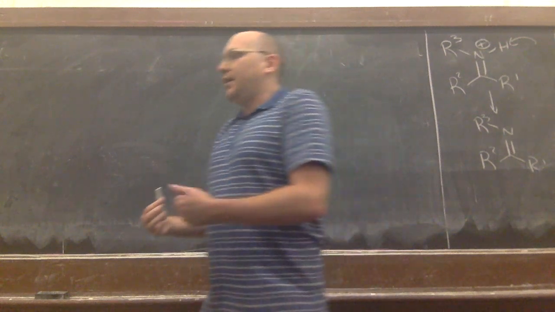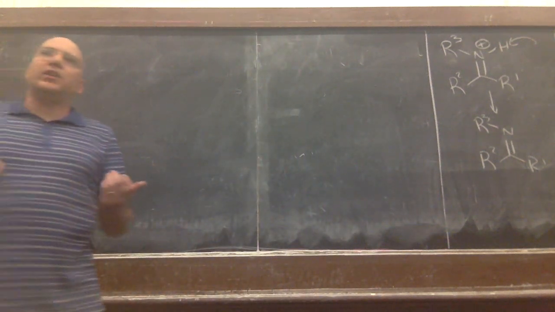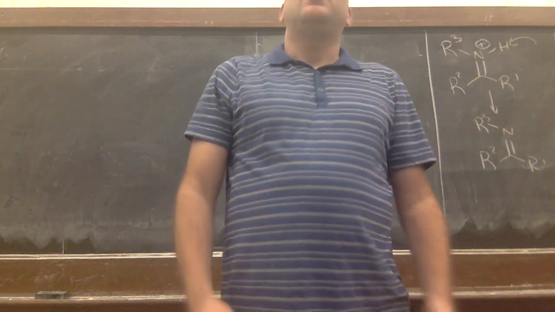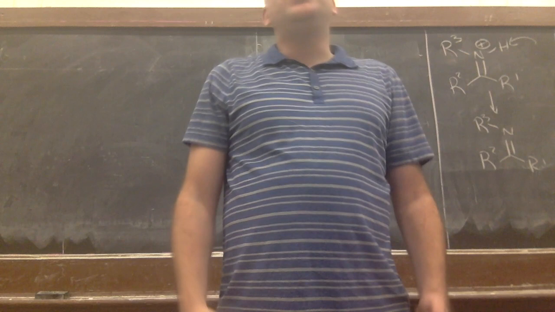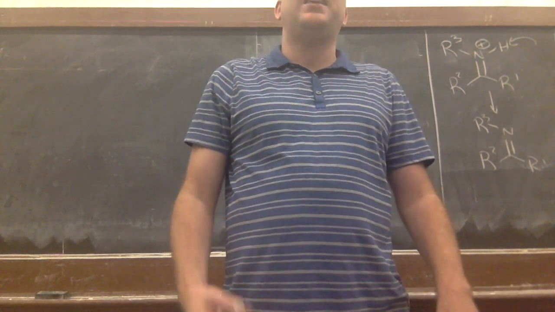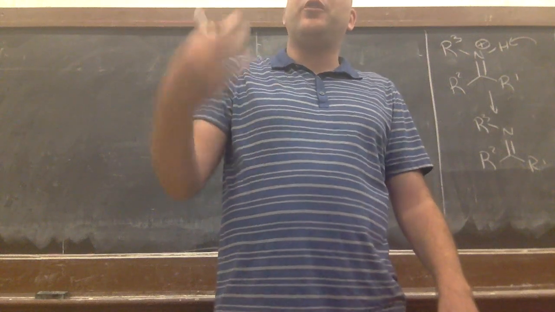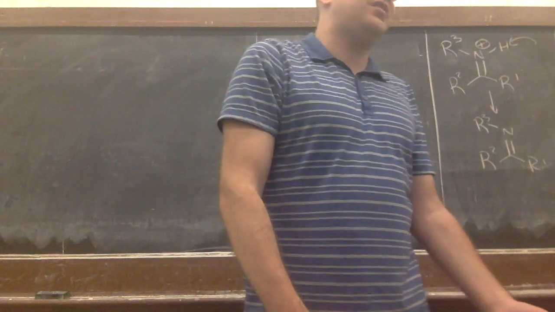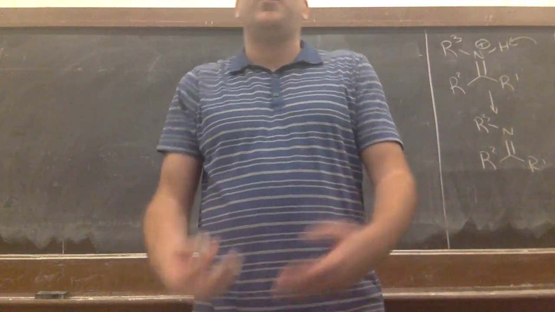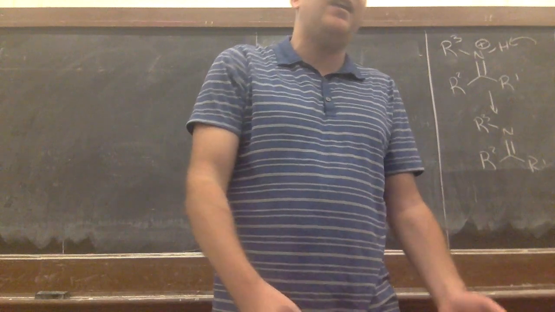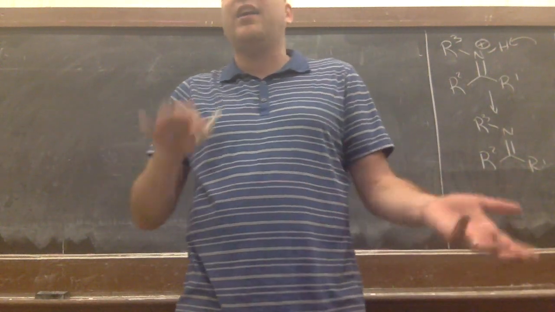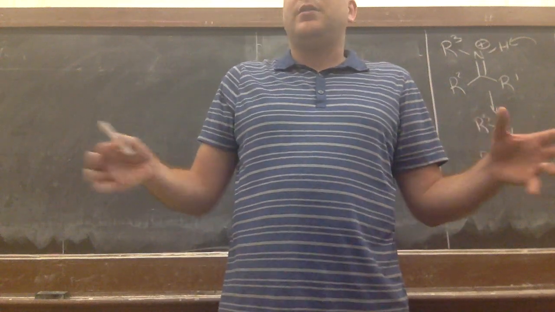To date we've really just learned one type of carbon-carbon bond forming reaction, for the most part: taking an alkyl lithium or an alkyl Grignard and treating it with a carbon-based electrophile. So if we take a Grignard, treat it with a carbonyl, or with an epoxide, maybe you can get away with treating them with an alkyl halide, although sometimes that will be problematic.